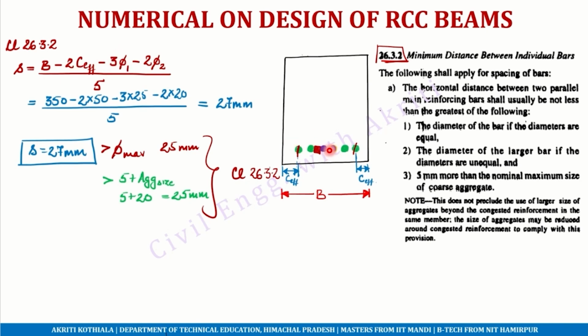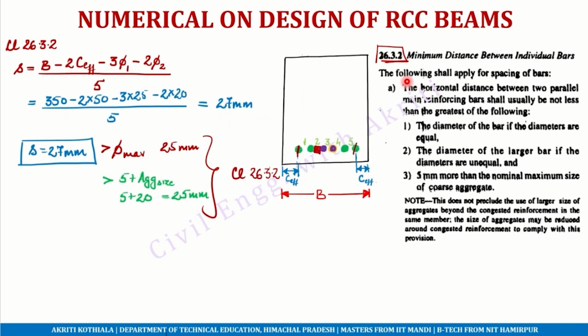And then we also have to subtract these two 20 mm diameter bars completely. And how many spaces are there? If we see, this is 1, 2, 3, 4 and 5. So we will divide this horizontal space into 5 sections and calculate it to be equal to 27 millimeter.